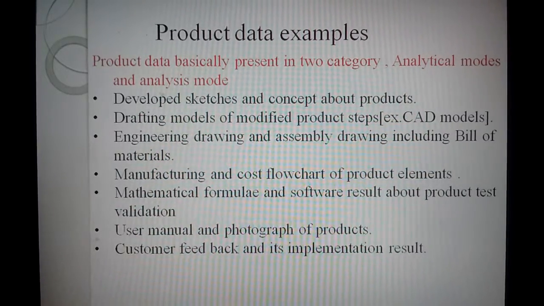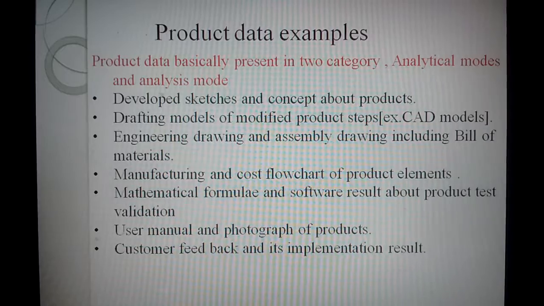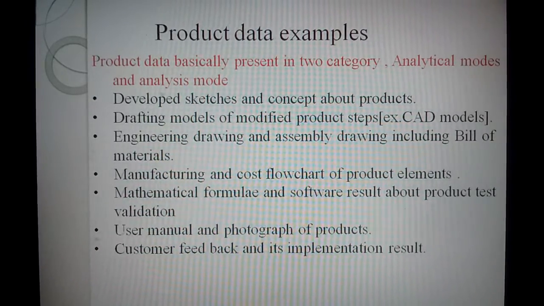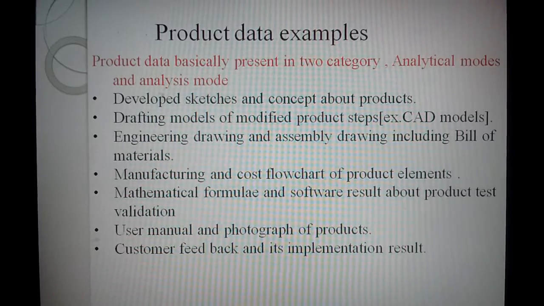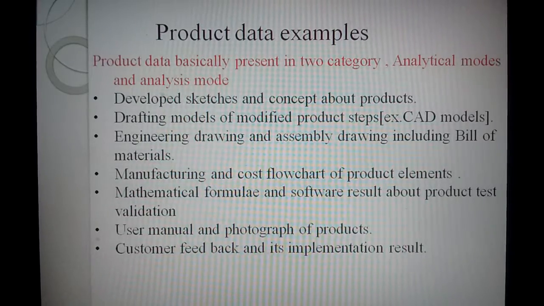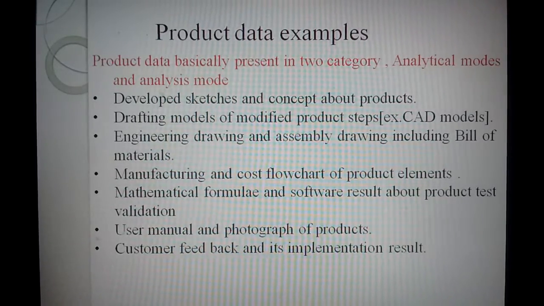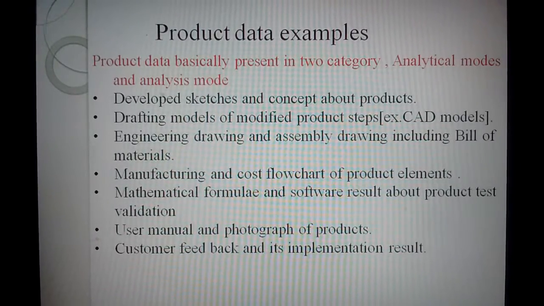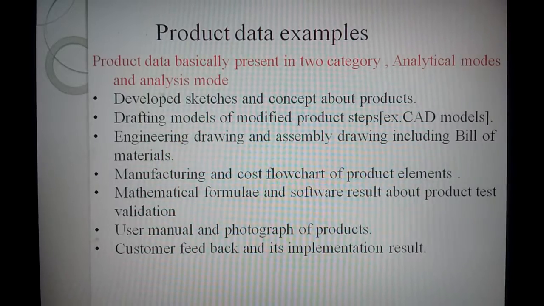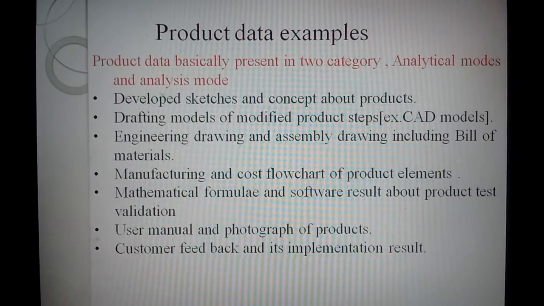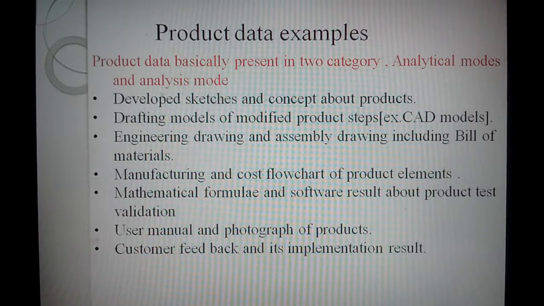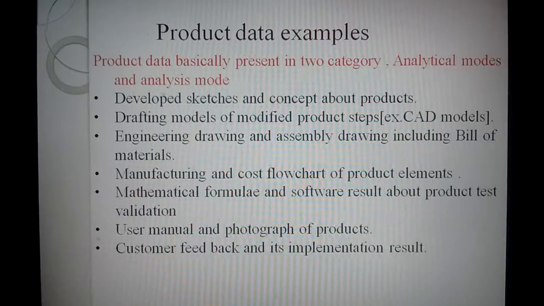Here the product data is basically present in two categories, analytical modes and analysis modes. In analytical mode, the data is related to calculations and mathematical formulas, and in analysis mode, the data is related to analysis of the products, like software results and user feedback.